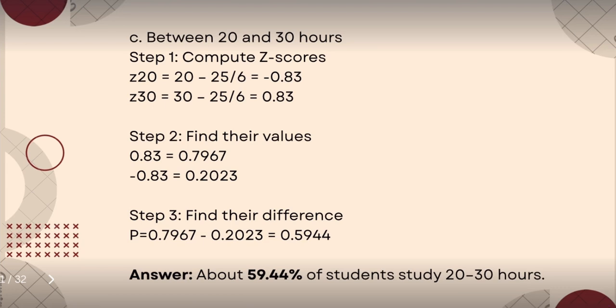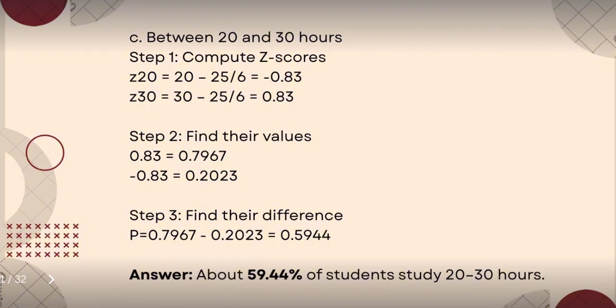So, we look up their values. Sa 0.83, ang magiging sagot is 0.7967. And then sa negative 0.83 naman, ang sagot is 0.2023. So, the last step is to find their difference. So, P is equals to 0.7967.